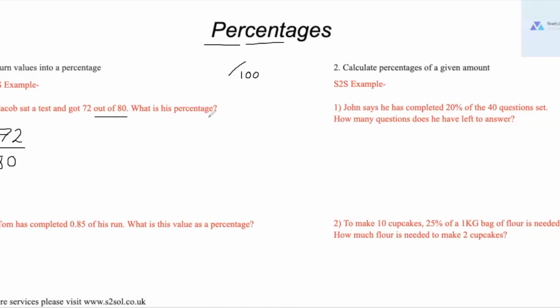What is his percentage? Well, to turn a fraction into a percentage, remember what we have to do is we have to multiply this fraction by 100. So we're going to put a multiplication sign here, and we're going to multiply by 100.